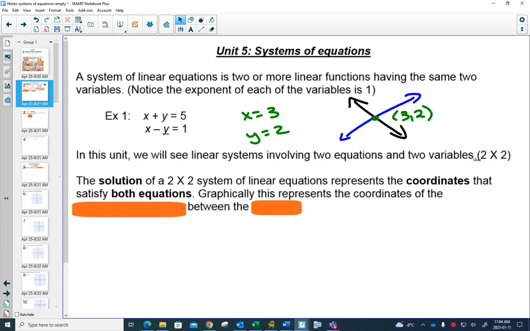And it is the only point that does that. There's no other point that you add them together and get 5, but then when you subtract, you get 1. So graphically, what did we say? This represents the point of intersection between those 2 lines.